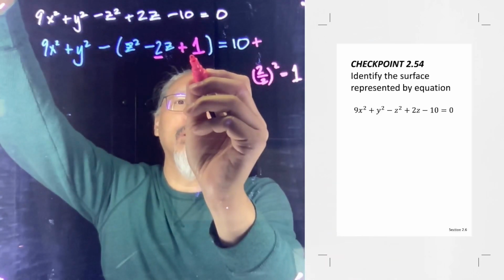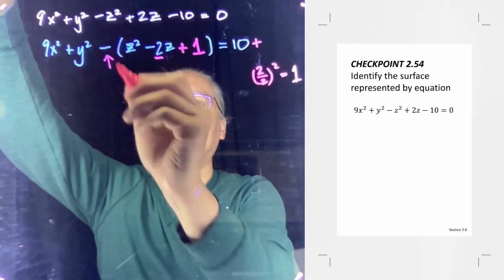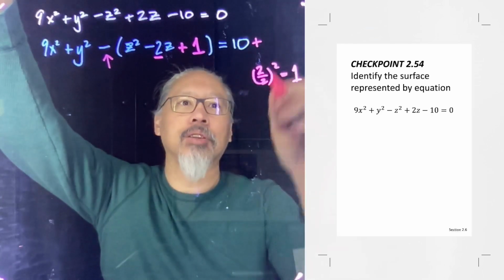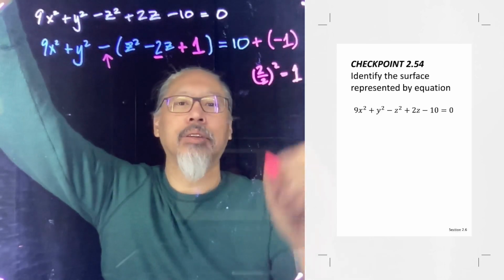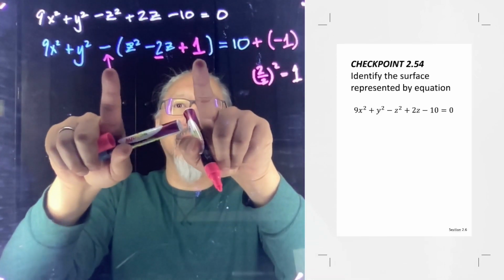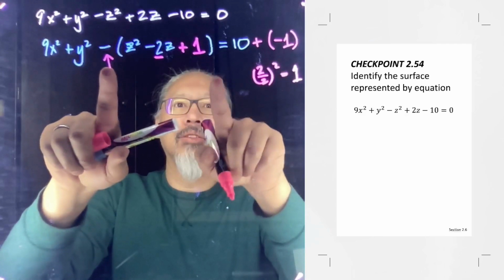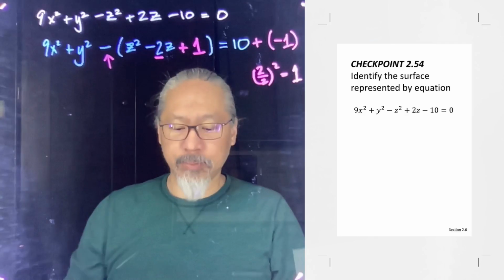We added a 1, but we also have a negative sign out front. So what we really added on the left-hand side is a -1, and so we have to add a -1 on the right-hand side.